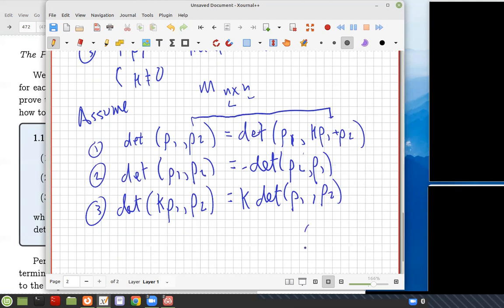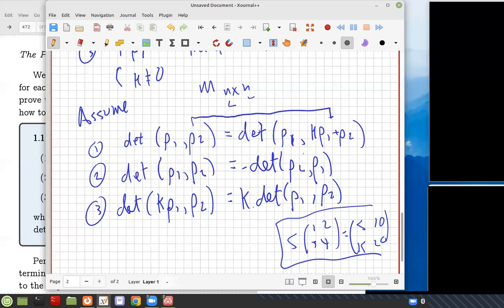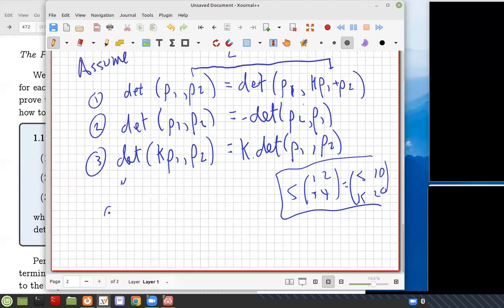If I multiplied the matrix 1, 2, 3, 4 by 5, that would equal 5, 10, 15, 20. It would multiply both rows. So this operation doesn't correspond to multiplying the matrix. It corresponds to the row operation where I've scaled just one row. I could also write the third one as the determinant of row 1, row 2 equals 1 over k times the determinant of k row 1, row 2. But that's confusing.